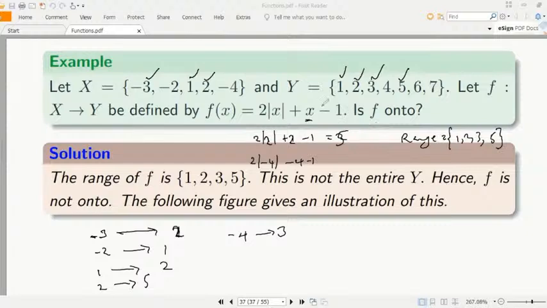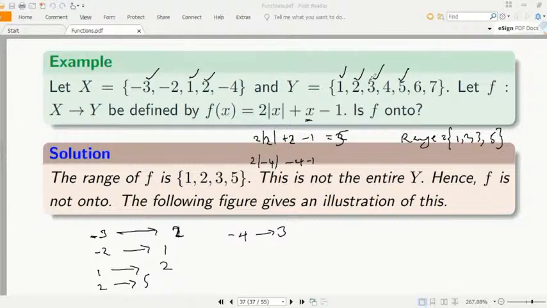So the range is not the entire codomain, and therefore this function f is not onto. That's what I was saying. My answer here is that the range, the set comprising 1, 2, 3, 5, is not the entire Y, hence f is not onto.